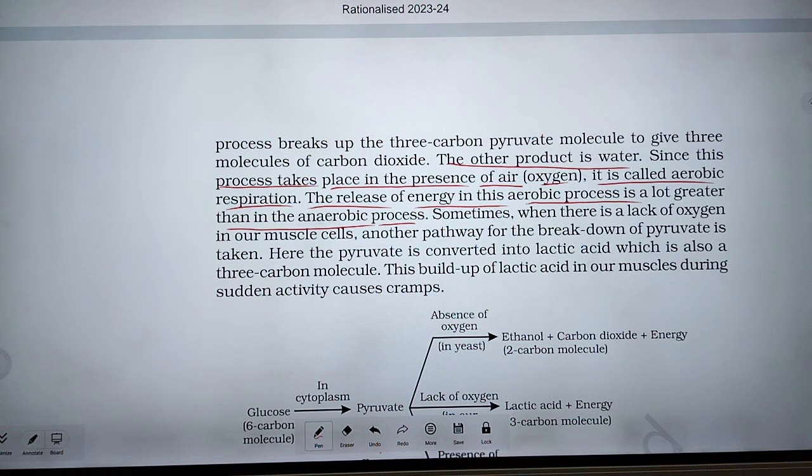It means aerobic respiration produces more energy as compared to anaerobic respiration.